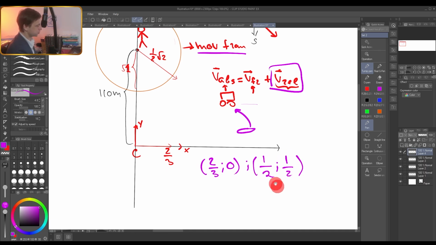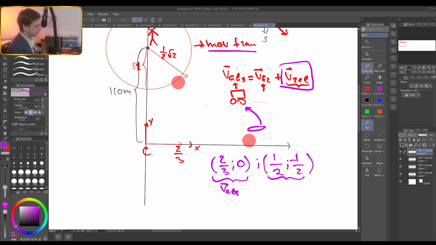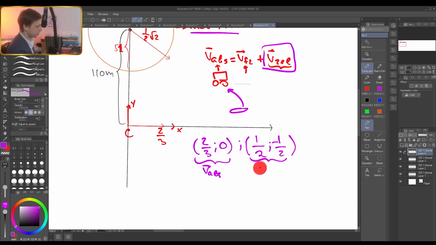Let's check if we multiply it. Yeah, it's great, but for x this component is positive, and for y this component is negative. So it will be like this. Perfect. So these are the components of the absolute velocity, and these are the components of the velocity of your moving frame.